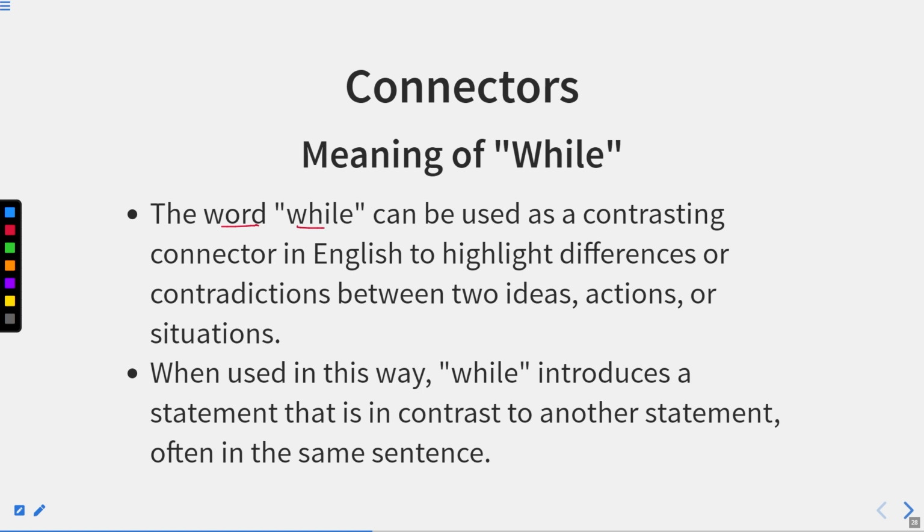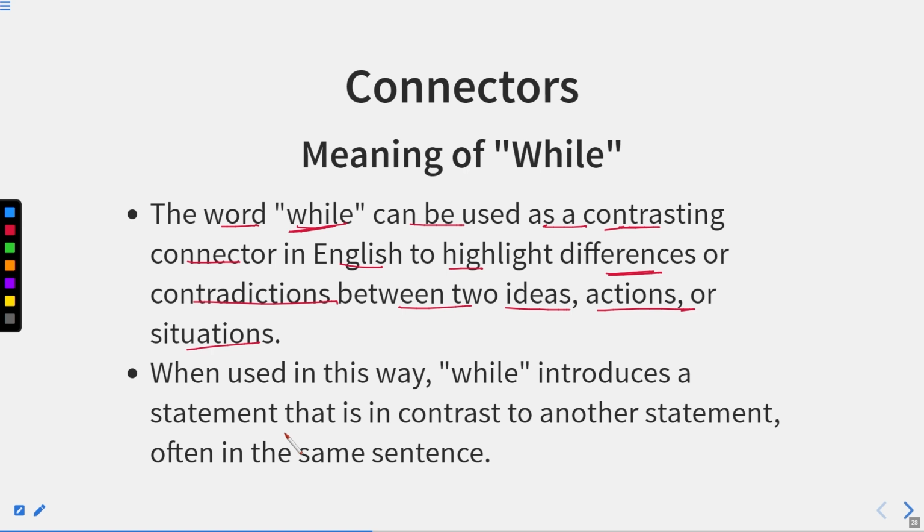Now, the word while can be used as a contrasting connector in English to highlight differences or contradictions between two ideas, actions, or situations. First of all, while is actually a conjunction, and it can also be used as an adverb. Now, let us say that it is a connector, only connector.